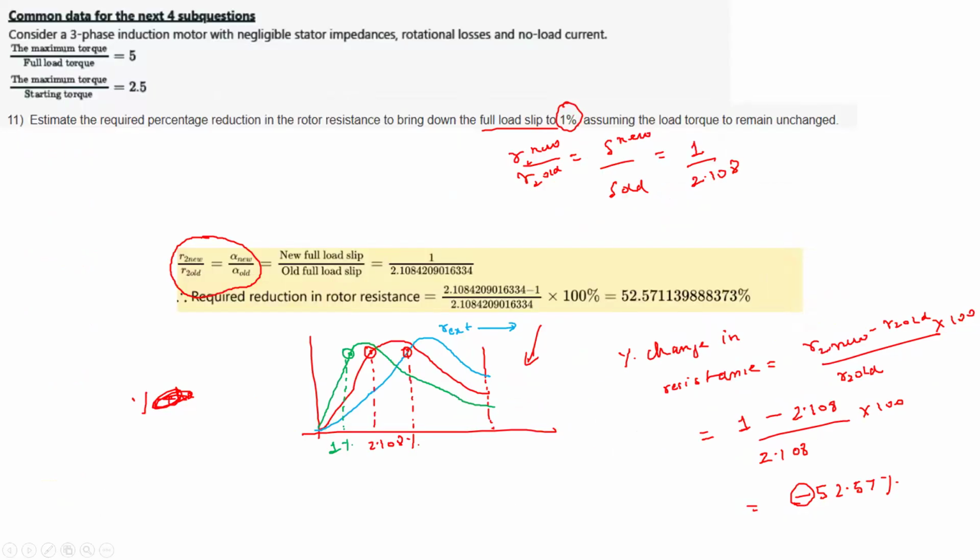Okay. So they're asking you regarding the ratio of the starting torques, right? So how you can do it? First of all, you can do it like this: starting torque new by starting torque old, right?